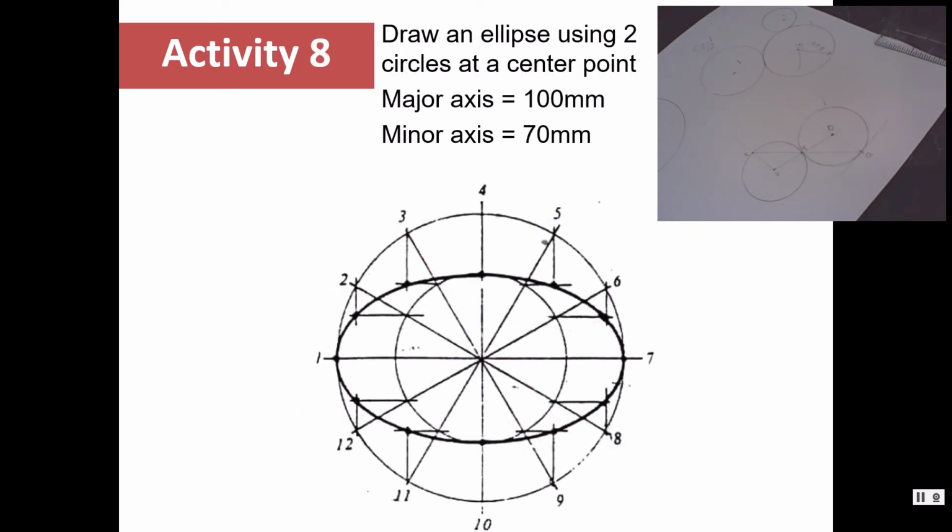Now this is the last activity. We want to draw an ellipse using 2 circles at a center point. Well, actually there are a lot of ways of drawing an ellipse, but this one, what we are going to do is we're going to use a 2 circle method, in which the circle have a major axis of 100 mm and the minor axis of 70 mm. And for this one, I have a video to show you on how to do it.